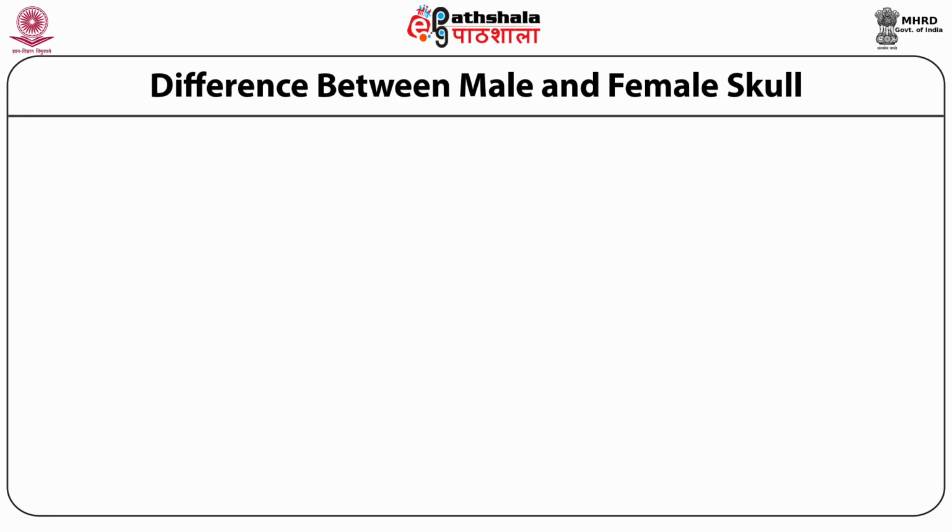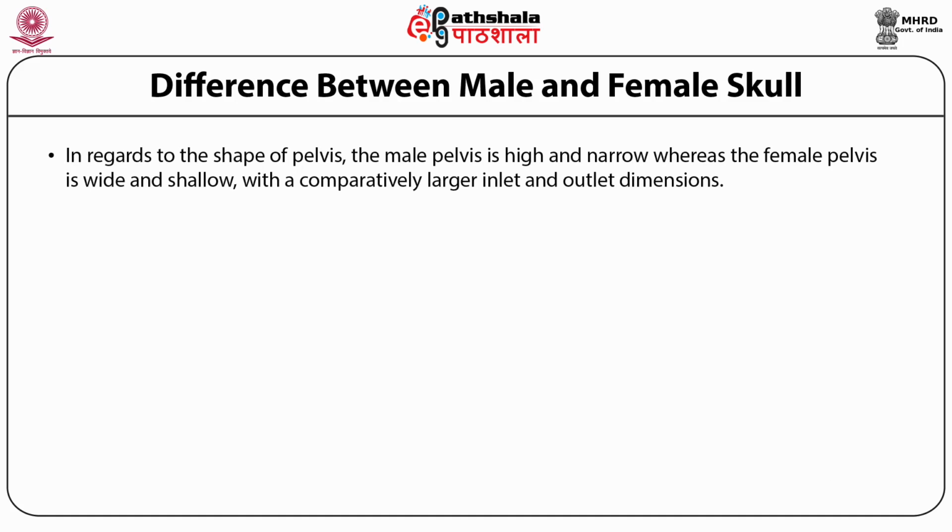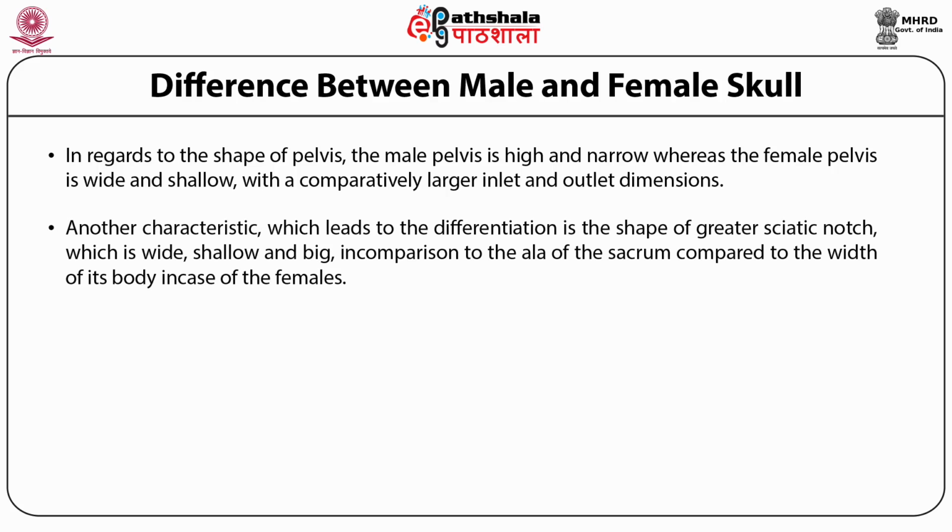Now you will be studying the difference between male and female pelvis. In regard to the shape of the pelvis, the male pelvis is high and narrow, whereas the female pelvis is wide and shallow, with comparatively larger inlet and outlet dimensions. Another characteristic which leads to the differentiation is the shape of the greater sciatic notch, which is wide and shallow in females, and the ala of the sacrum is big compared to the width of its body.